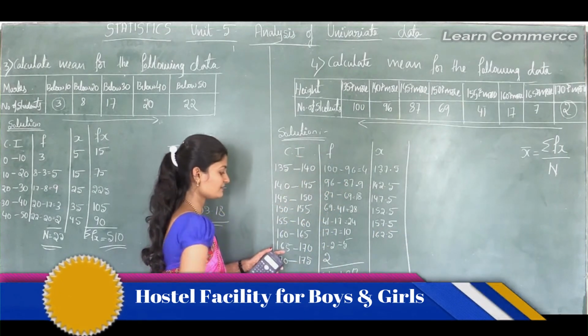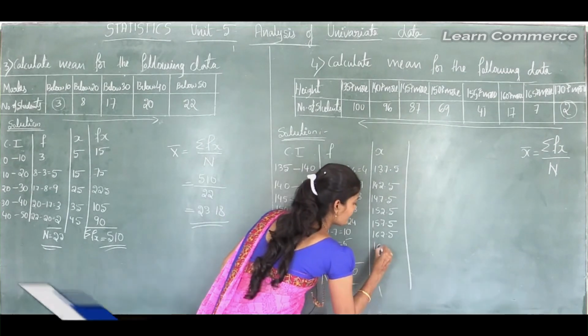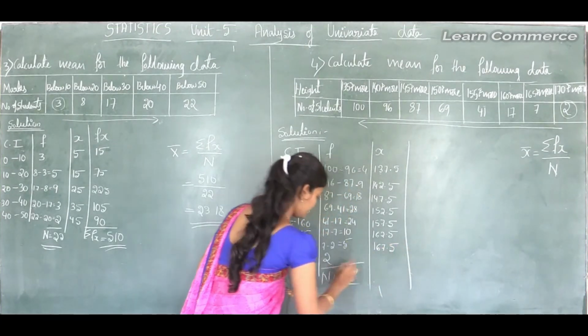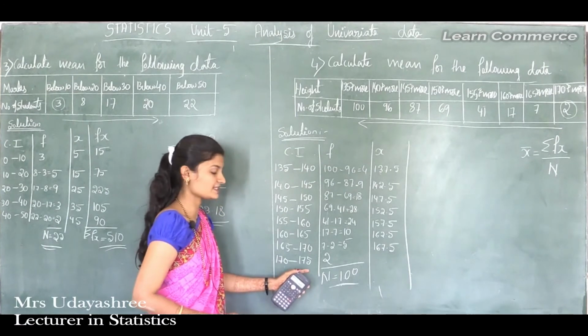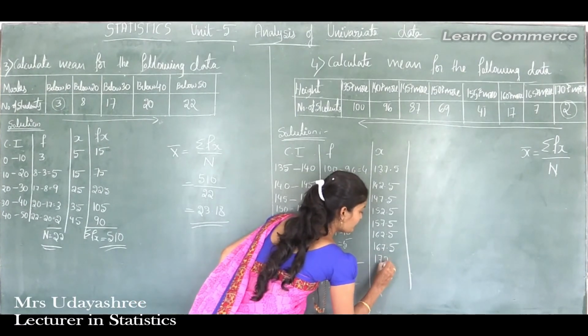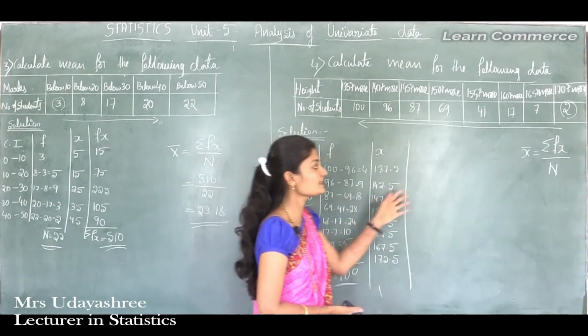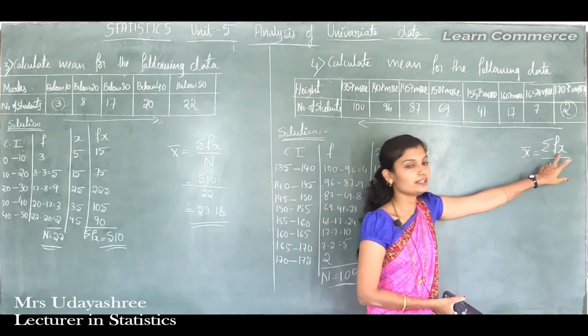Next, 165 plus 170 divided by 2 is 167.5. Next, 170 plus 175 divided by 2 is 172.5. See, these are the x observations. So see the formula. Based on the formula we need f into x.